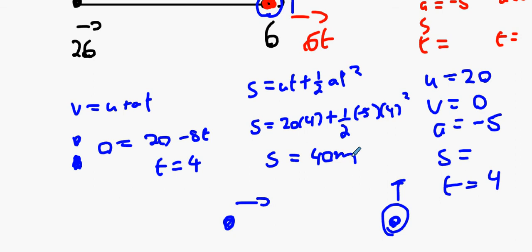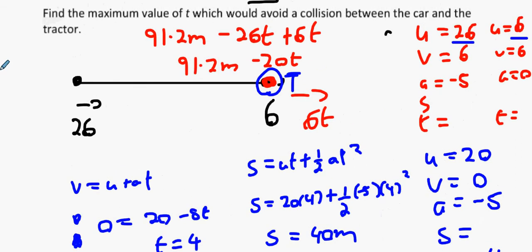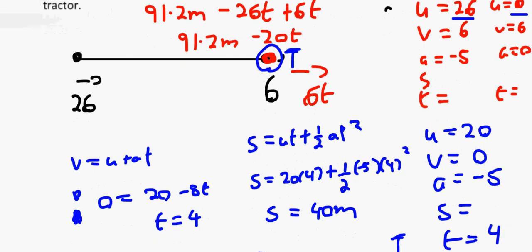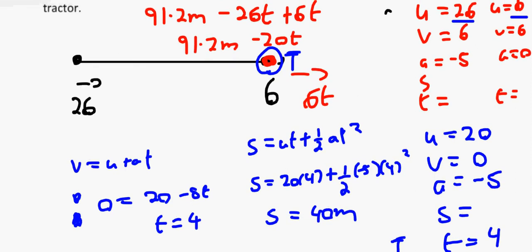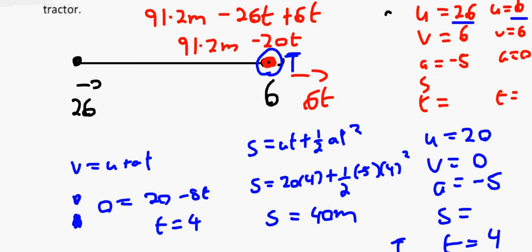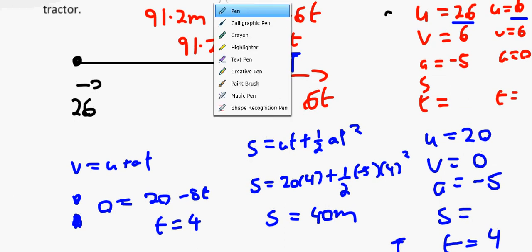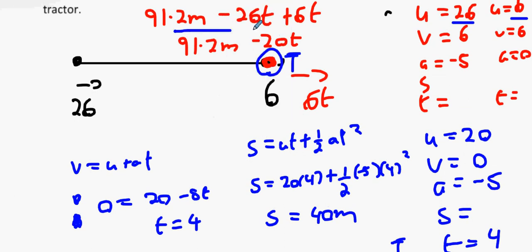Okay. So it means you gained 40 meters on your car. So this distance here has to be equal to 40, because the distance between the two of them has to be 40.